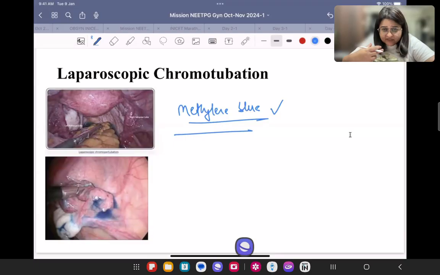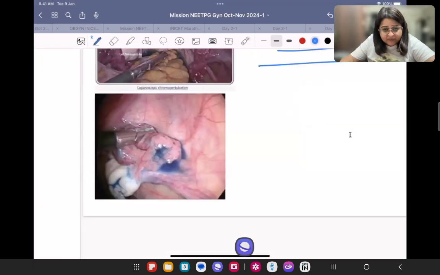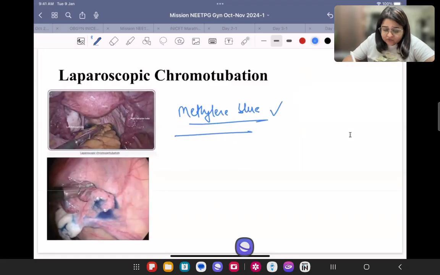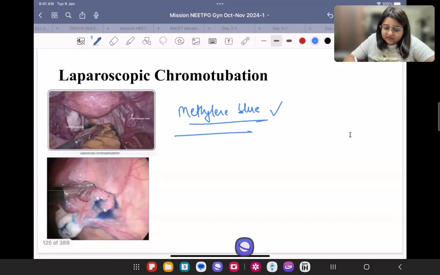Somebody from below will be injecting, and then in real time, you're seeing the spill in the fallopian tube. So the best part of laparoscopic chromotubation is you can see other pathology. So if you're suspecting endometriosis, if there's a fibroid, you can actually visualize everything and maybe correct it at the same sitting.